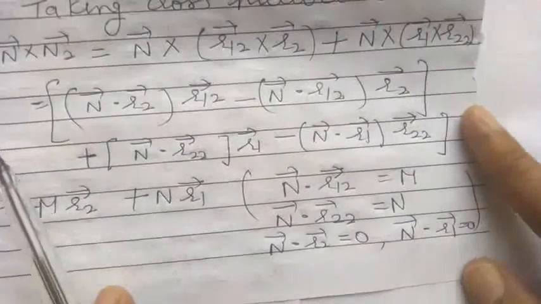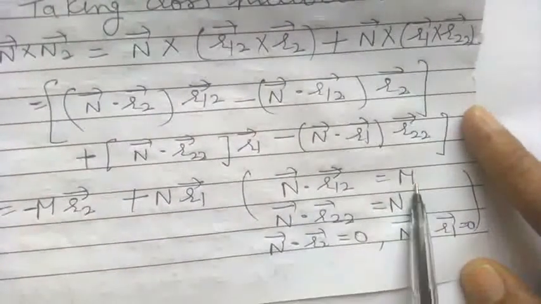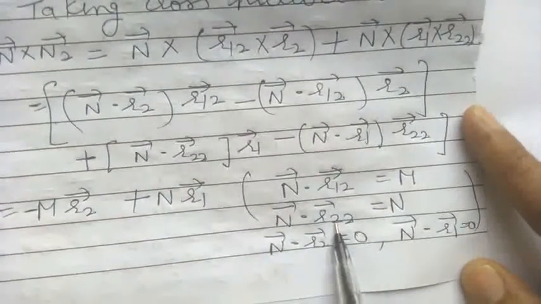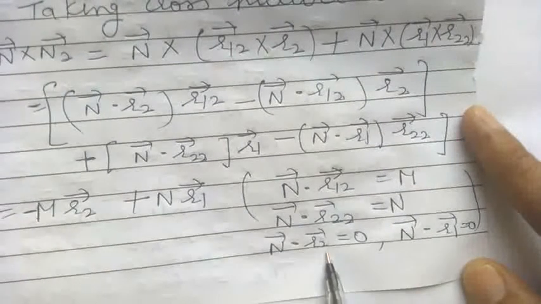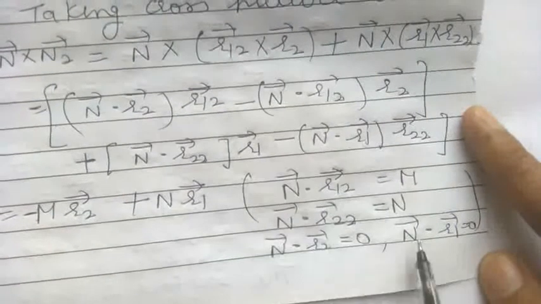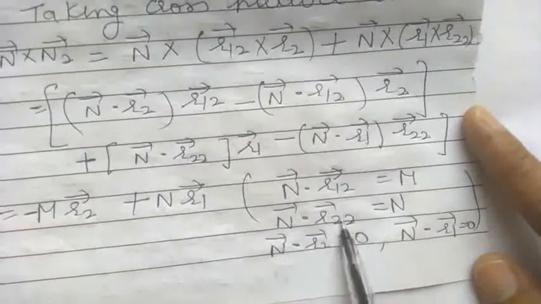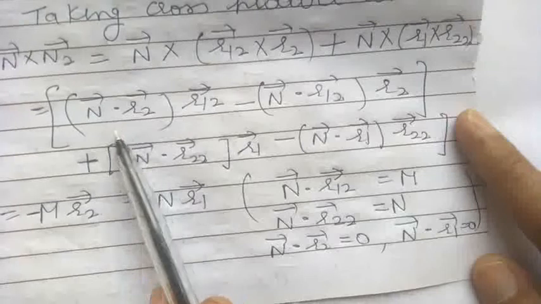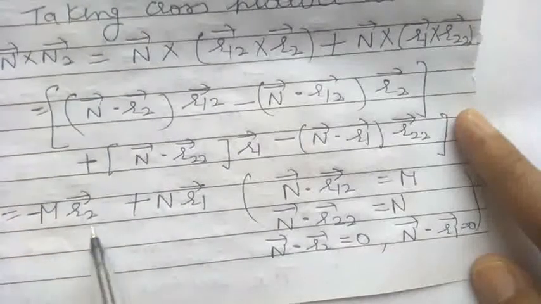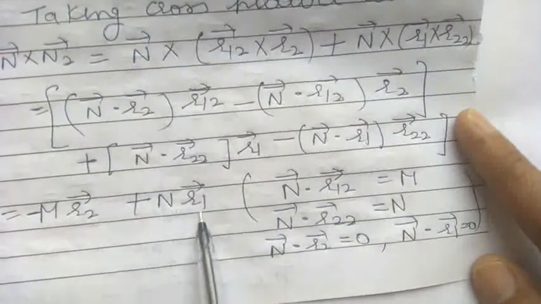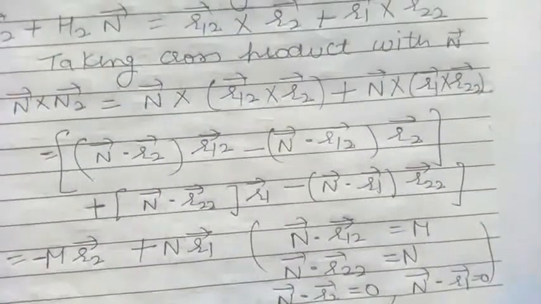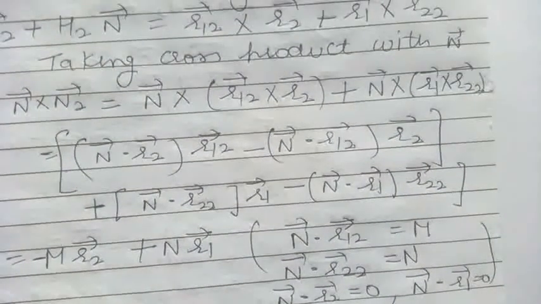Now again using the four results, n dot r12 is m, n dot r22 is n, and n and r2 are perpendicular vectors, so their dot product will be 0. n and r1 are perpendicular vectors, so their dot product will be 0. Using these four results here, we get the result, which is minus m into vector r2 plus n into vector r1. So these were some examples based on the Weingarten equations and the definition of the normal unit vector to the surface.